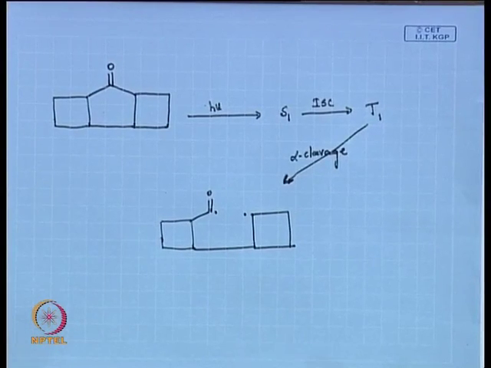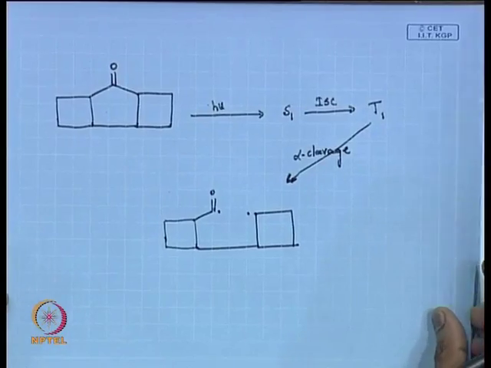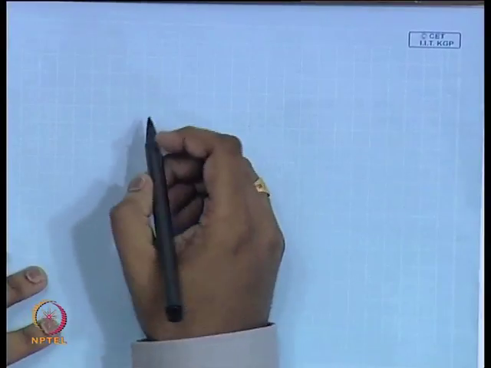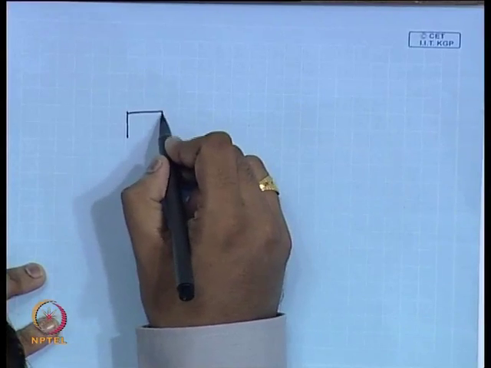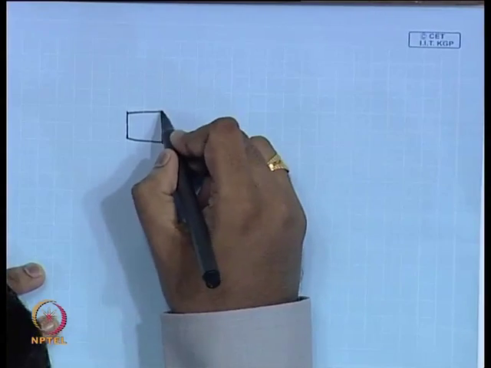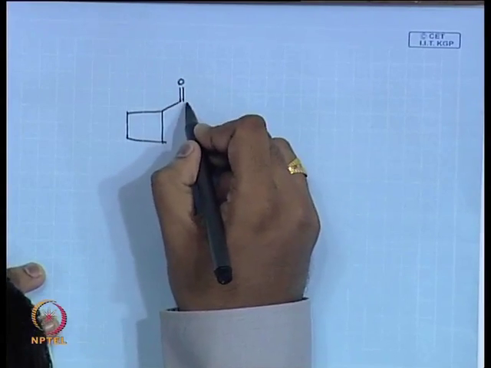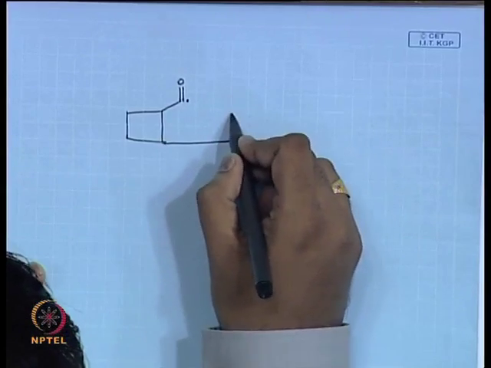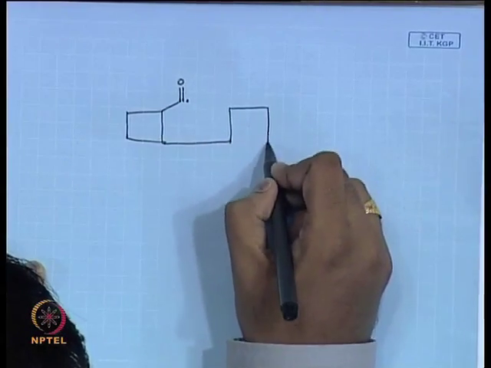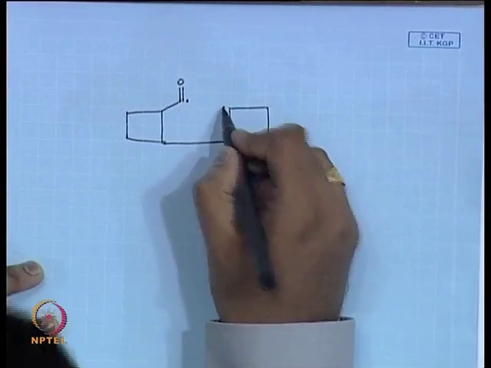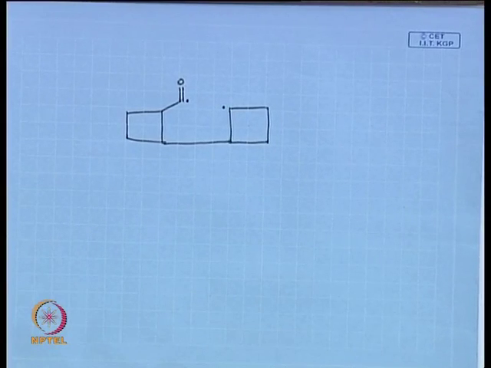Now, we get a system like this. This is your primary process. Now, we will see what chemistry is going to dominate in this. What chemistry can we think about here?